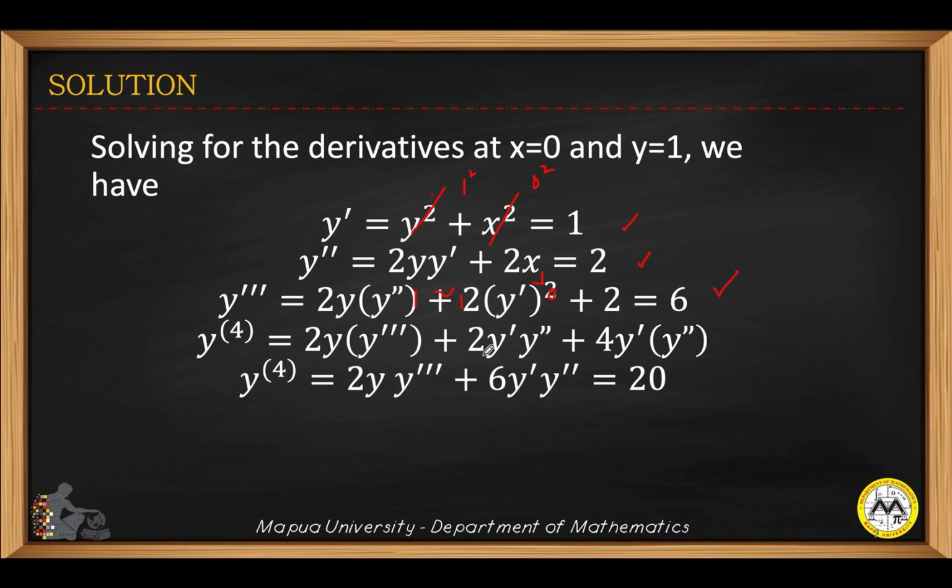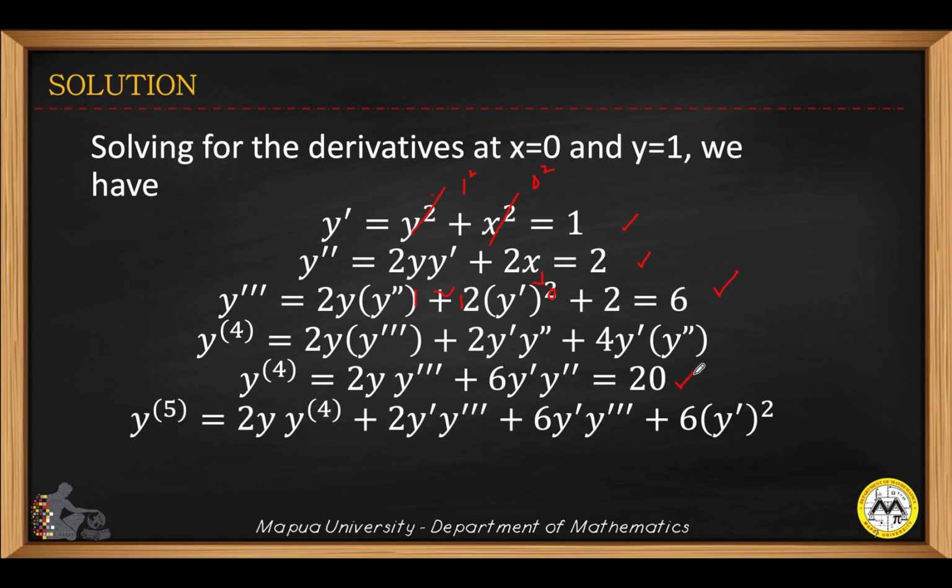We can combine these two terms to get 6y prime, and then substitute the values of y, which is 1, y triple prime is 6, y prime is 1, y double prime is 2, so we get 20 for the fourth derivative of y at x equals 0.